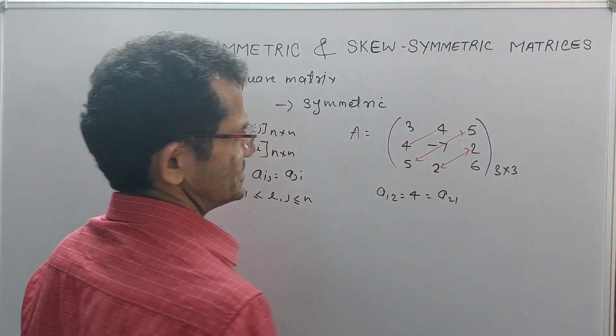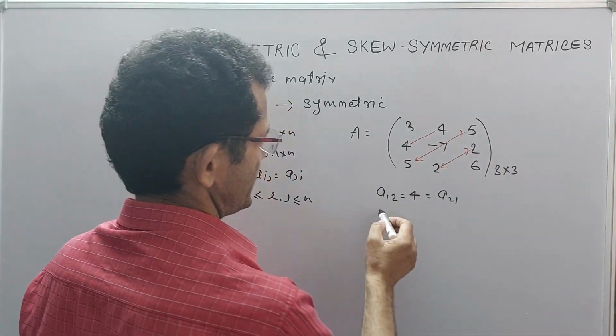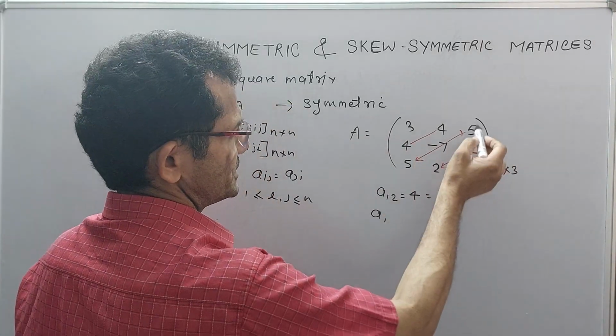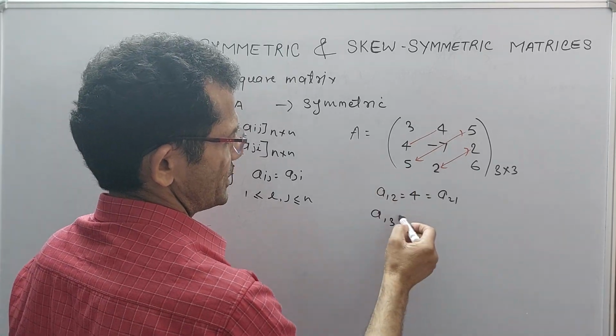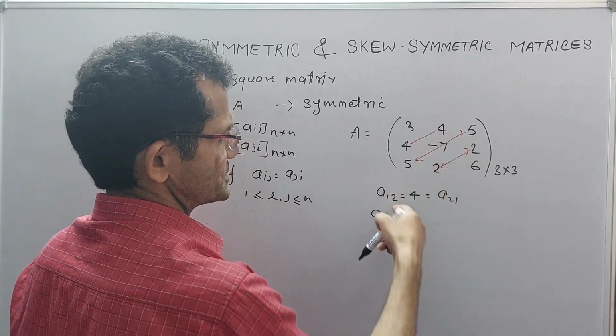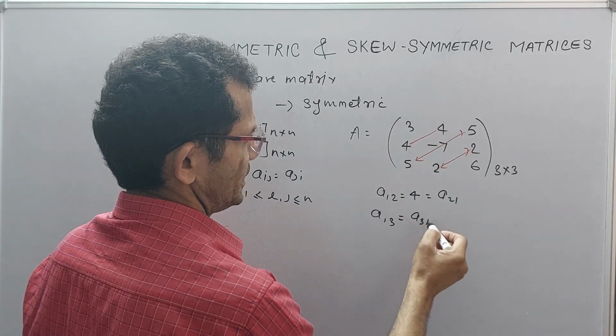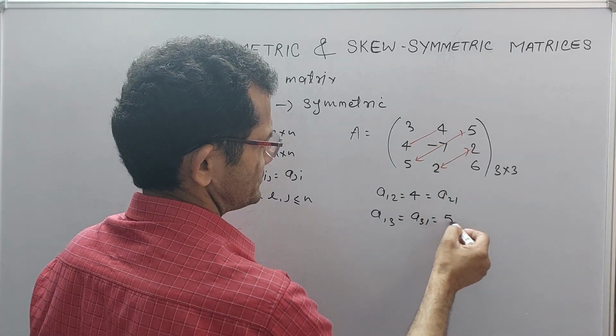And here 5, if I write, 5 is first row, third column, and this is also equal to this, the third row and first column, and it becomes 5.